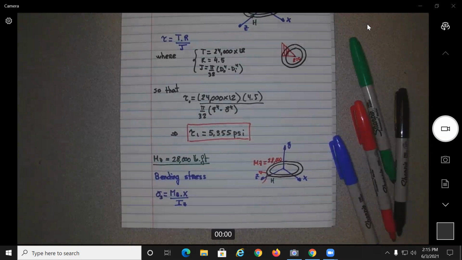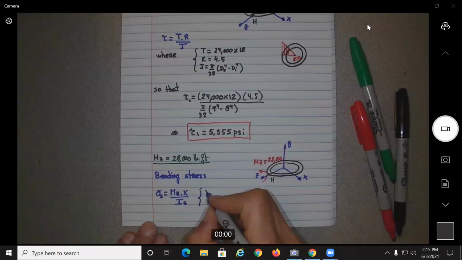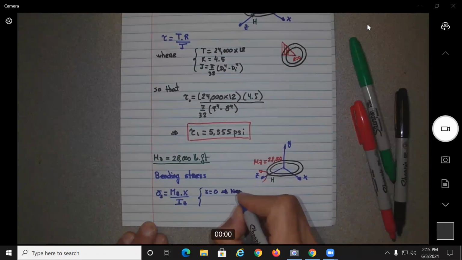So what distance will H be from in the X direction? Zero. So that would mean that the stress is zero, no? So this is X equals 0 because it's on the neutral axis.